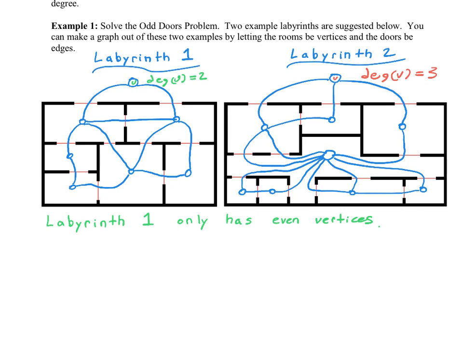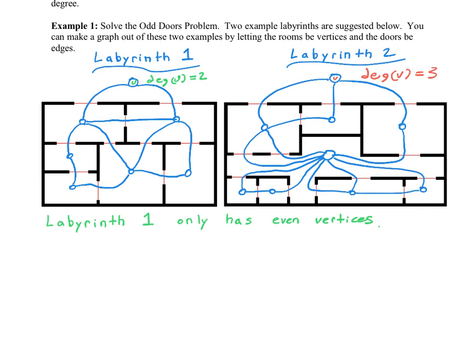On the other hand, let's remember the handshaking lemma for labyrinth 2. We found one odd vertex. We know that there is an even amount, so the number of odd vertices must be 2 or 4 or 6 or 8 and so on.